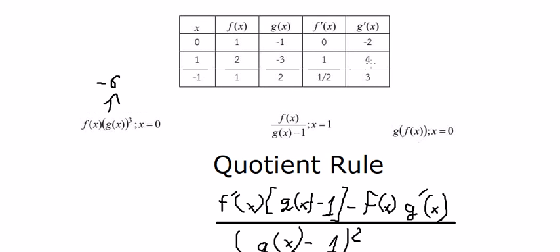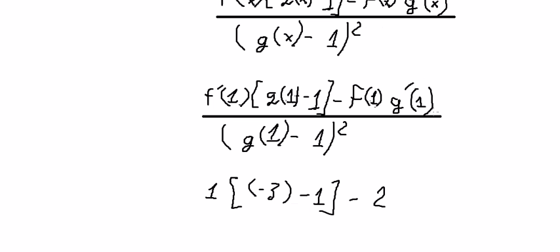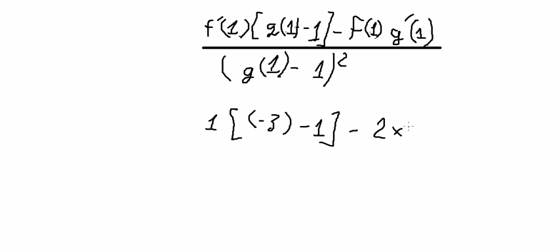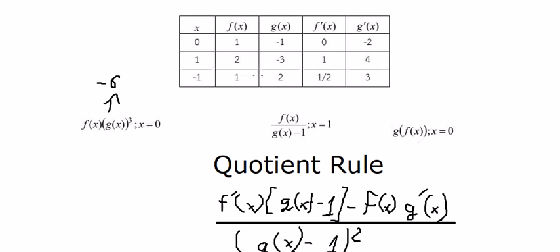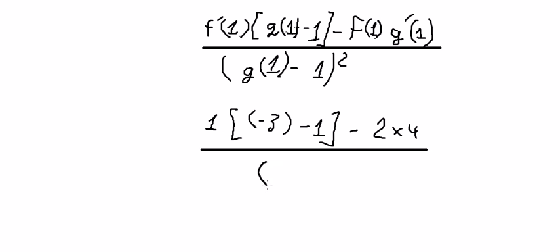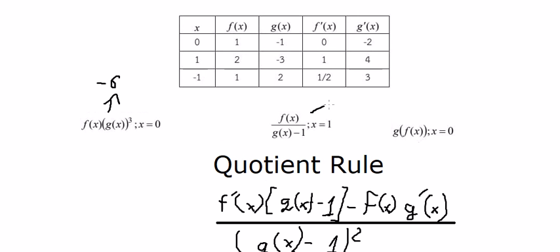First derivative of number 1, that's about number 4. Over g of number 1, that's about negative number 3. So we got about negative number 3 over 4. And that's the answer of this one.